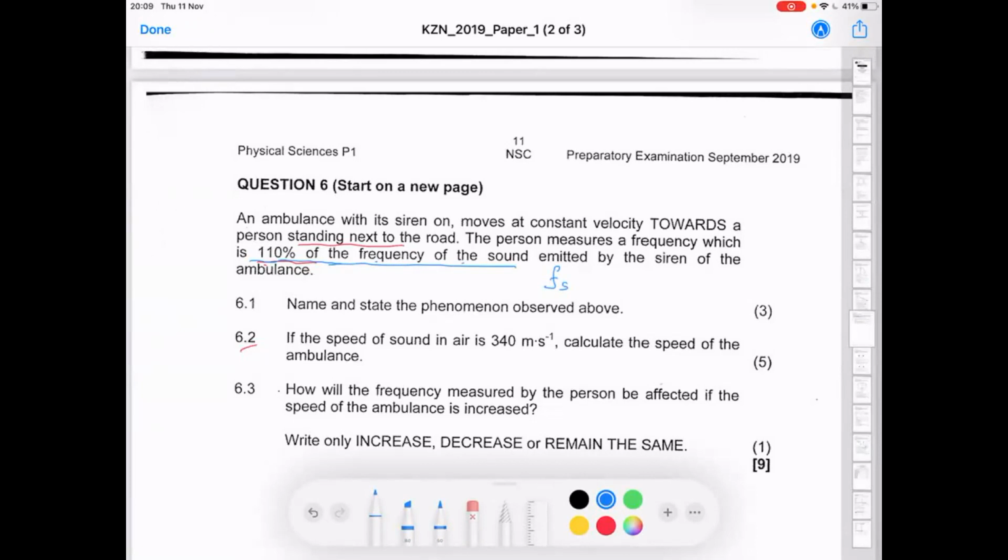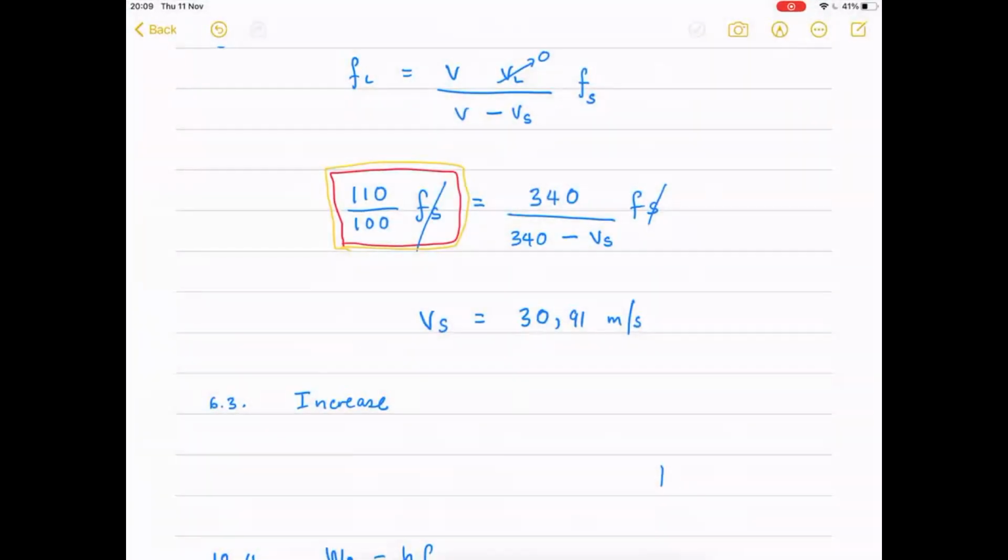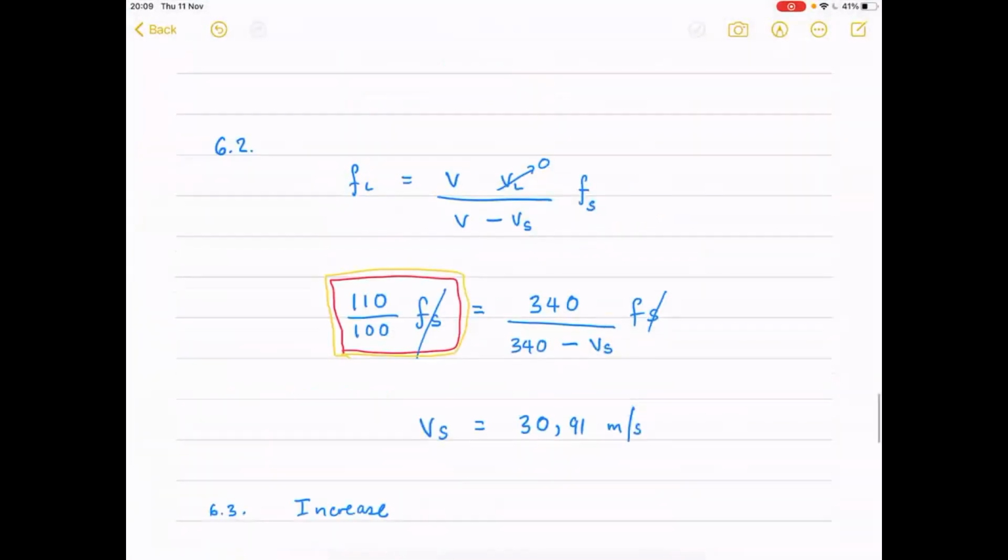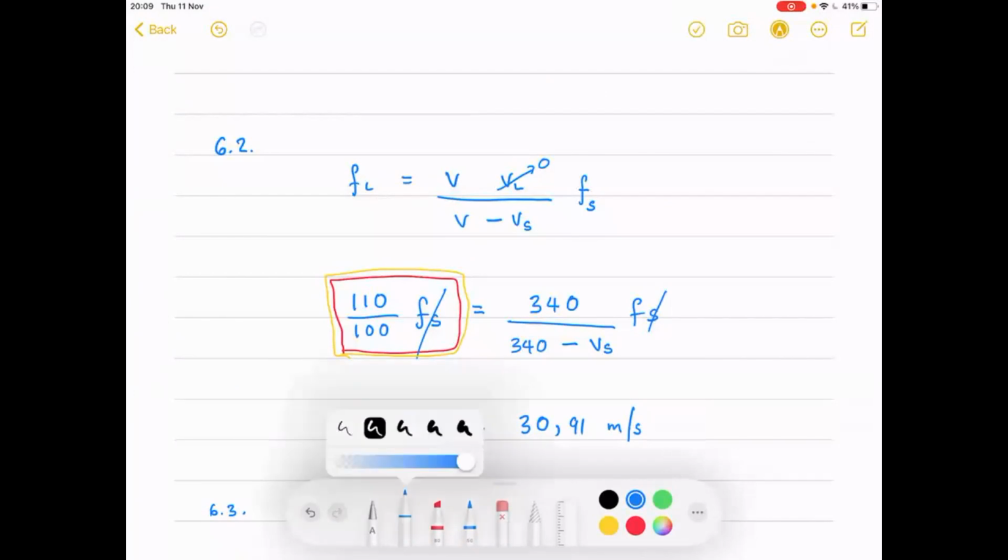If the speed of sound is 340 meters per second, what is the speed of the source, the ambulance? When we do that, we go to the equation we know, the equation for the Doppler effect.